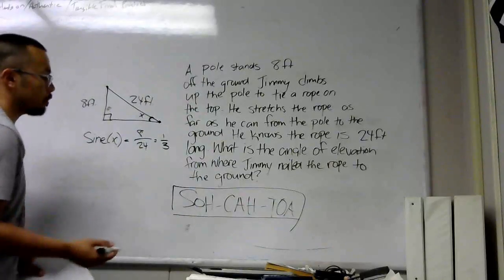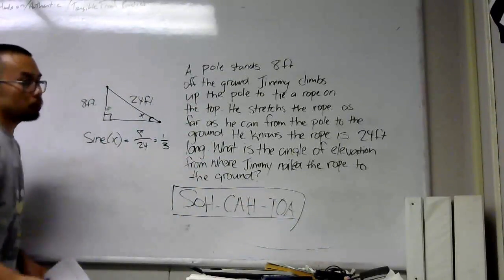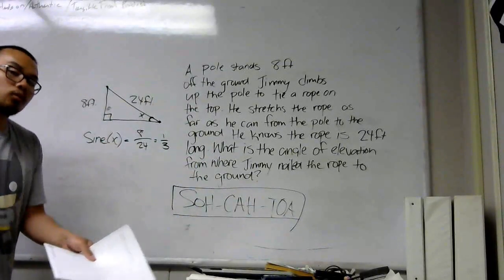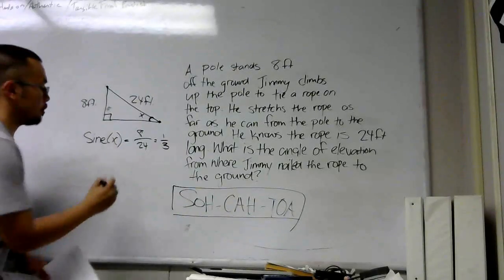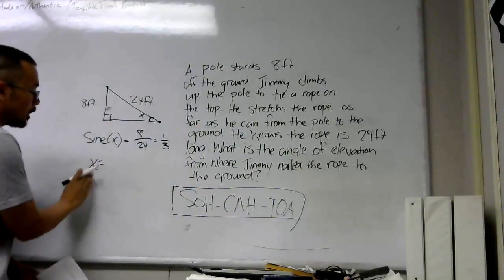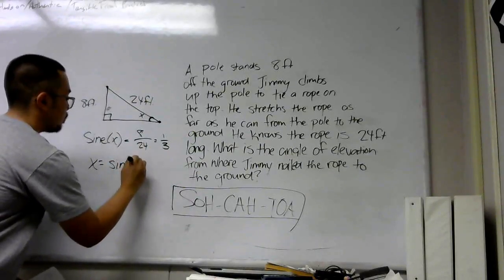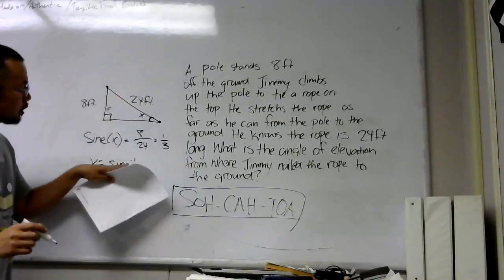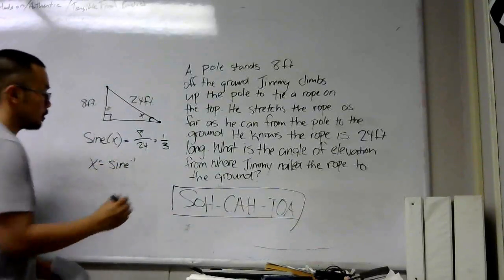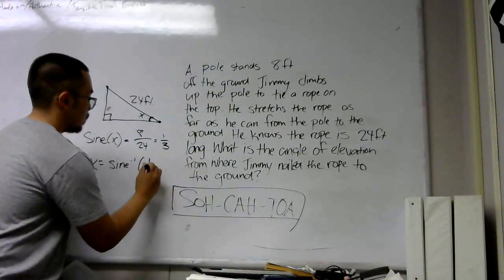Now we just find the inverse in order to find the angle. Remember, when we try to find the angle, we find the inverse, how to undo the function. So x, the angle, is equal to sine inverse, and we denote it with the -1 superscript, parentheses 1/3.